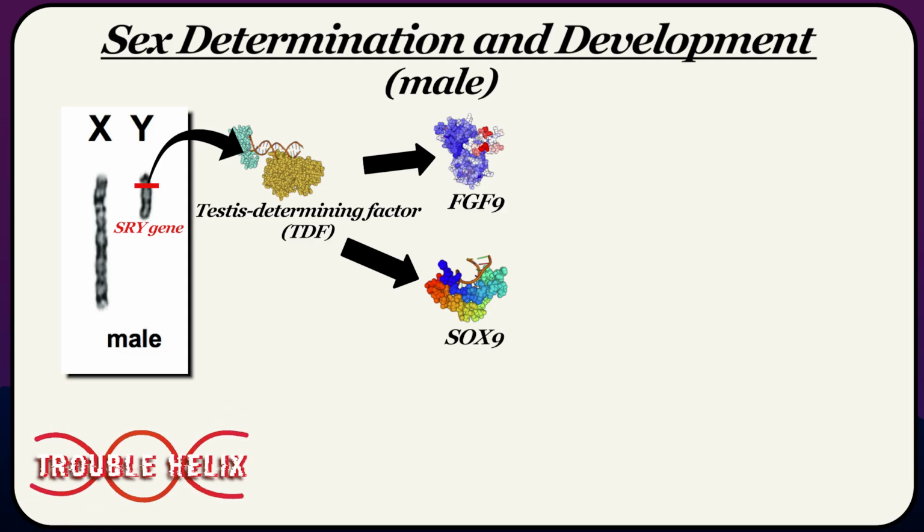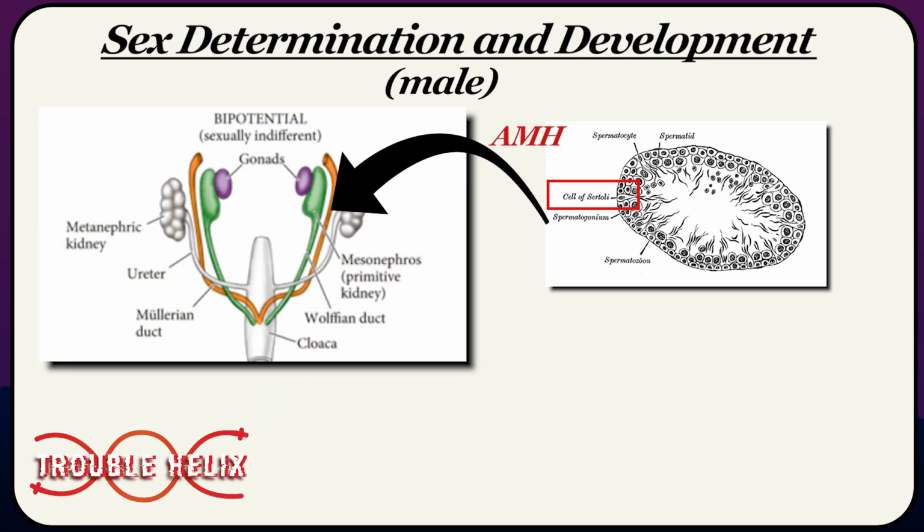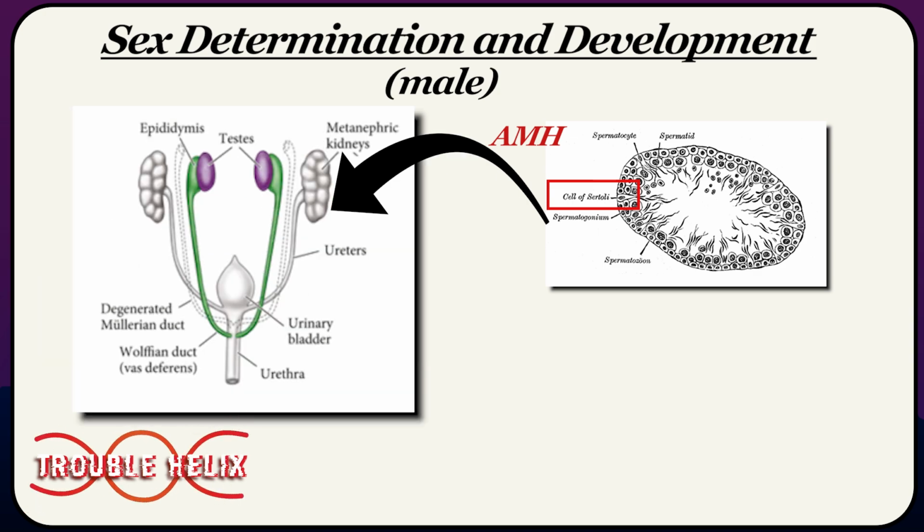Activation of those genes, and therefore production of their proteins, is what sparks the development of Sertoli cells during week 8. These are one of the two main cells in the testes, and their first order of business is to release anti-Mullerian hormone, or AMH. This deletes those Mullerian ducts because we're not going to be making any ovaries.